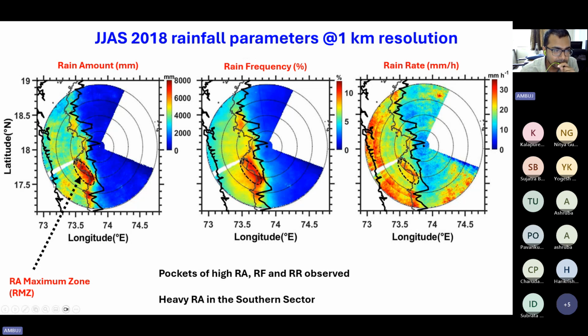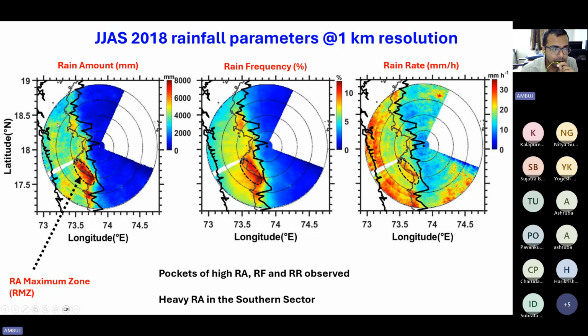First is the coastline. This thick black line is the summit of the mountain, and this thin gray curve represents the 500-meter elevation contour, and these range rings are drawn at 25-kilometer resolution from the radar. And these blank sectors, as you see, are due to ground clutter.